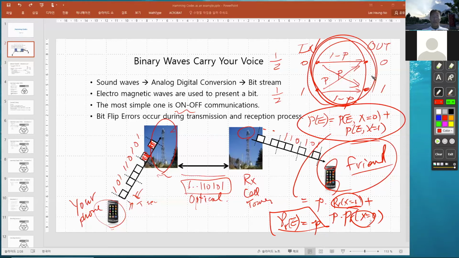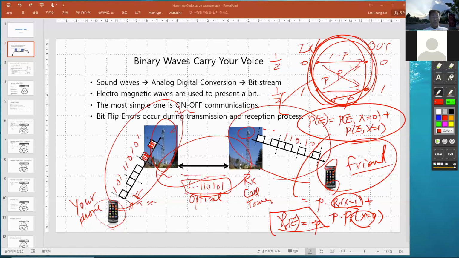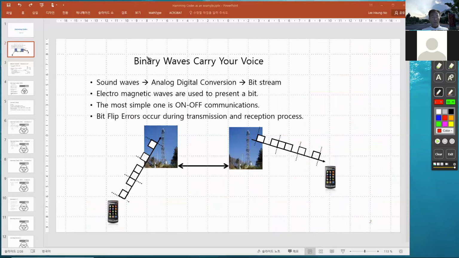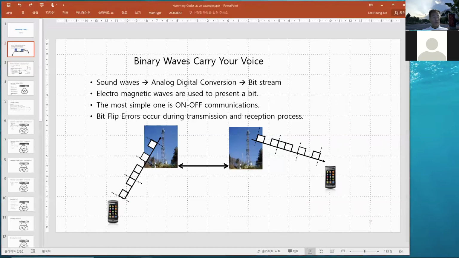And this statistical channel captures all the in-between processing of a bit stream at each wireless channel and also optical channel included. So that's the bit flip errors I wanted to introduce. Let me go to the next one.